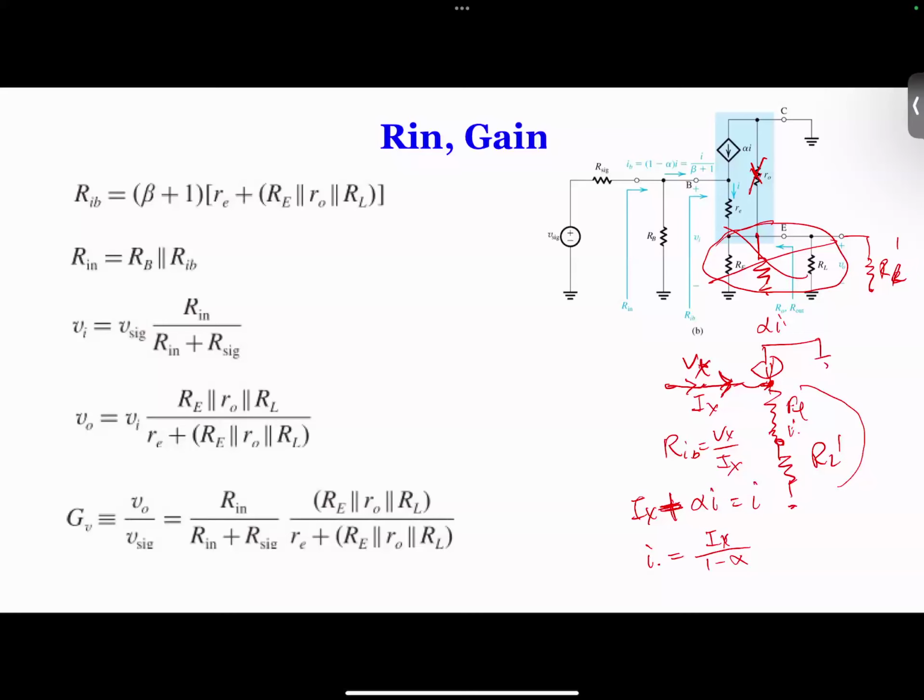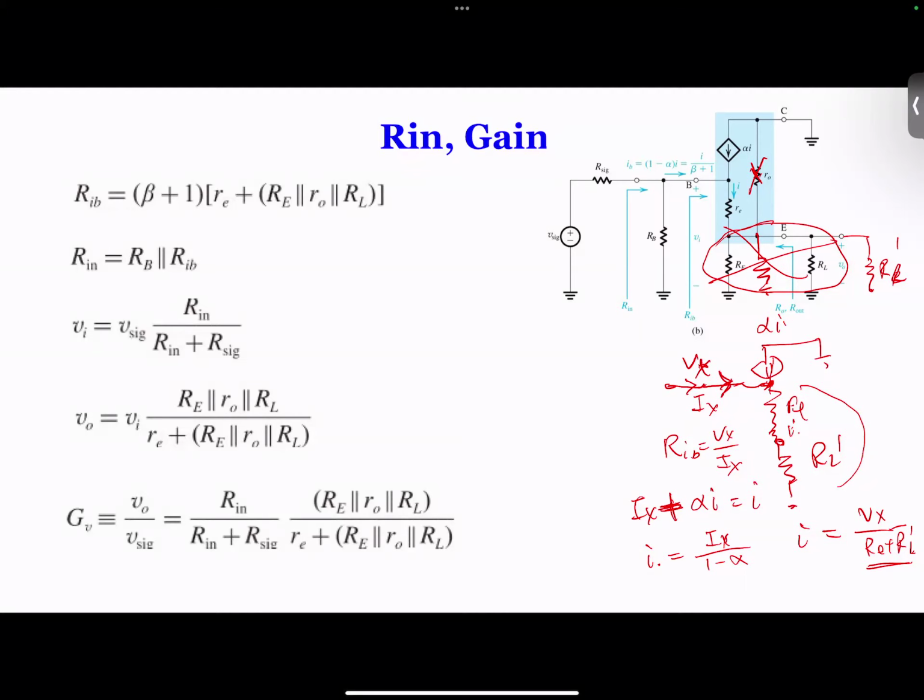Now you have I equal to Vx over RE plus RL prime, that's the resistance over here. So with either this equation or this equation you can find Ix. Once we find Ix, we plug in here, we cancel the Vx, we get RIB. That's what we got from the top equation over here. That's how we got it.